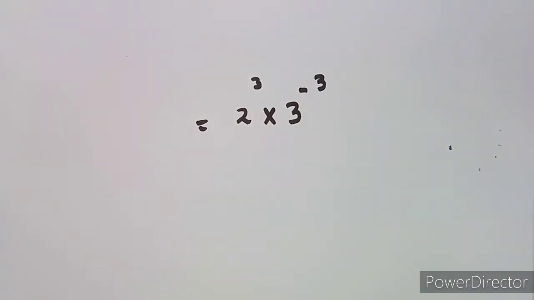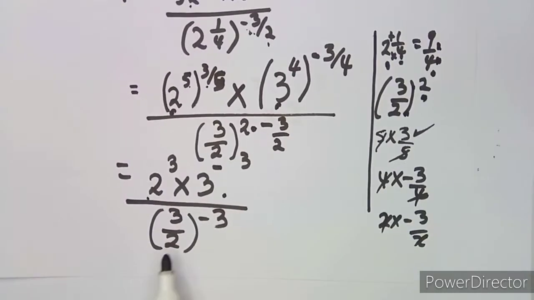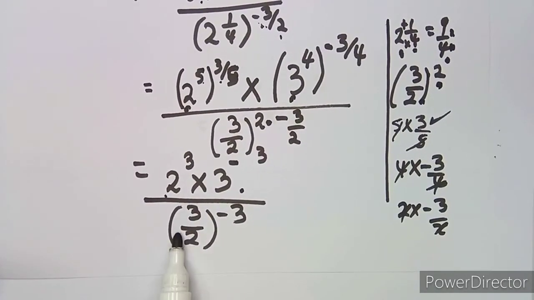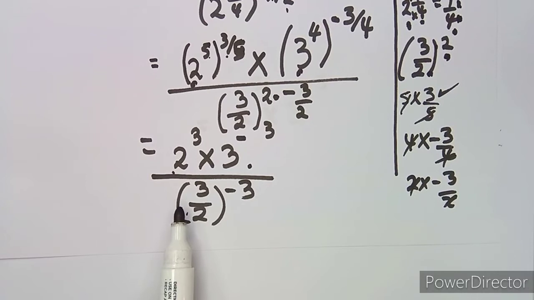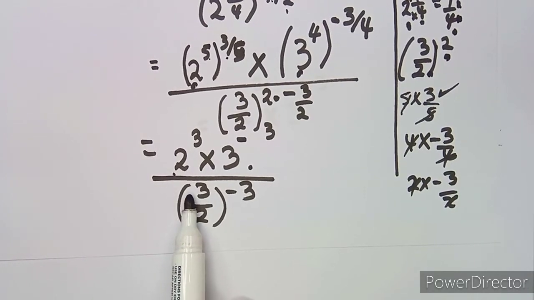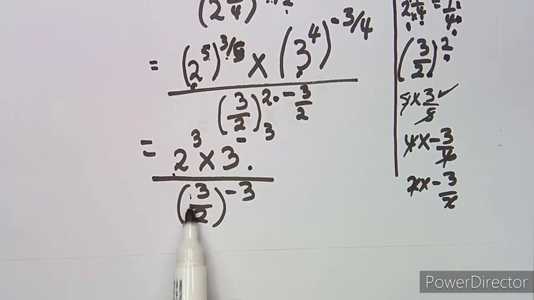But I want us to see something here. If I write this as dividing by 2, or what we can see here, a 3 over 2, and we are dividing, there are so many ways that we can simplify this part alone.